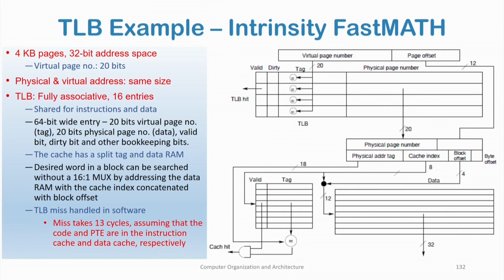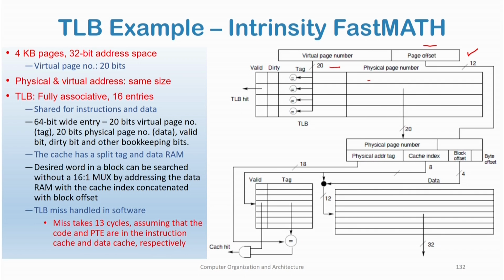So, we said that the Intrinsity FastMATH architecture consists of a 32-bit address space in which you have a 20-bit virtual page number and 12 bits of page offset, and this 20-bit virtual page number goes to the TLB and is matched in parallel to a fully associative TLB, and if there is a tag match corresponding to the virtual page number, you generate a physical page number.